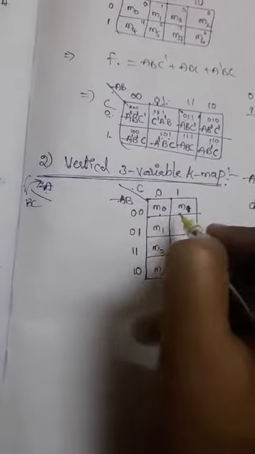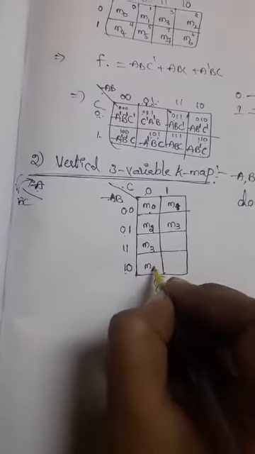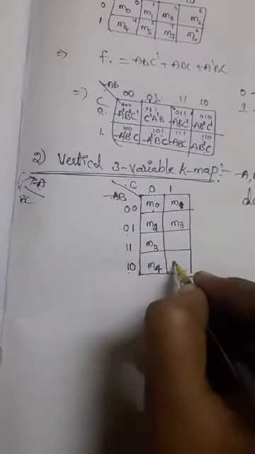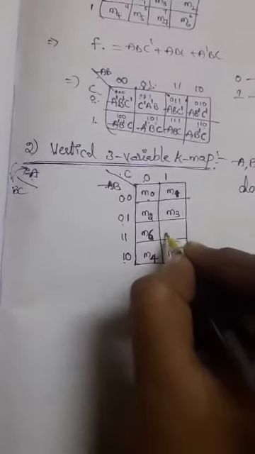Sorry for that. 000 is M0 and 001 is M1, and next 010 is M2 and 011 is M3. Next 100 is M4, 101 is M5, and this is M6, and this is M7.